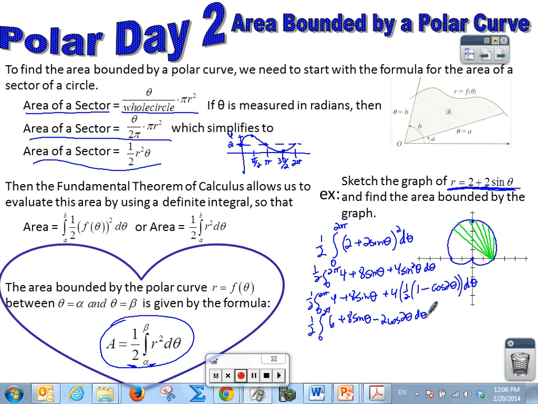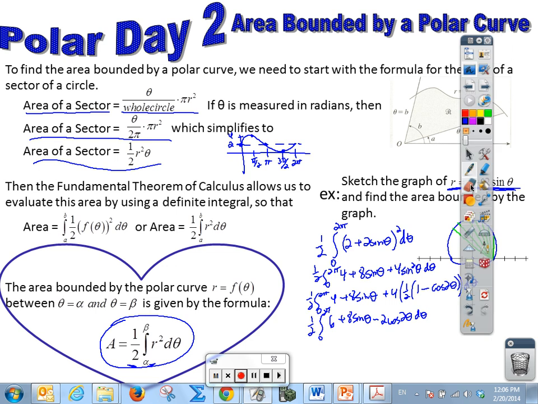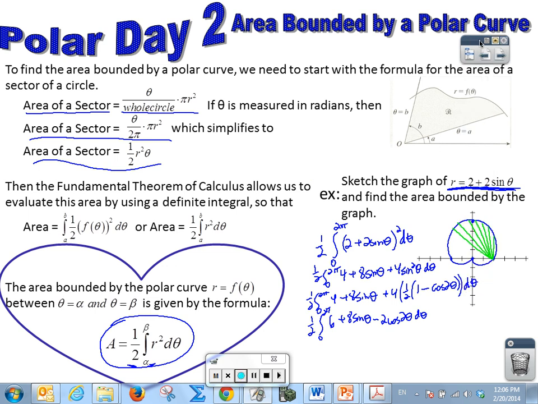Okay, I'm just going to do a little bit of erasing and move the integral up. Just a few more steps. Okay. So let's do the antiderivative. So we have our 1/2 there. That's going to give me 6 theta.